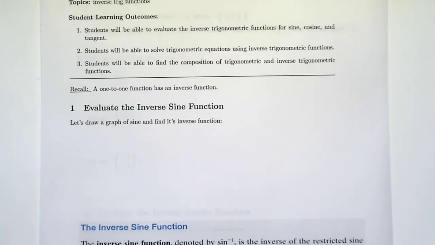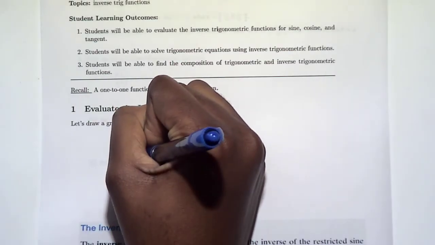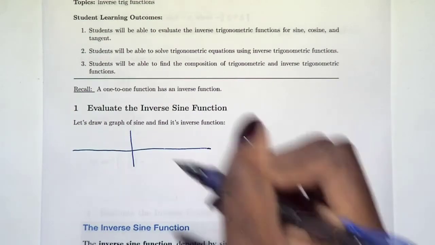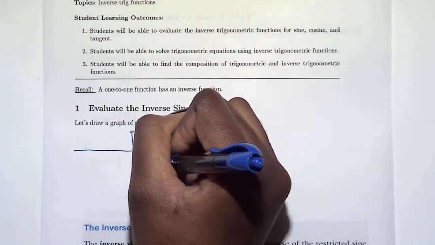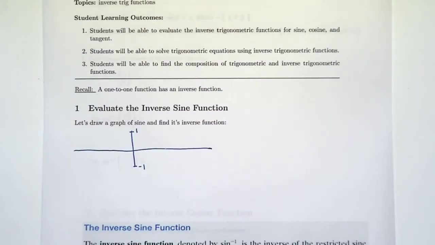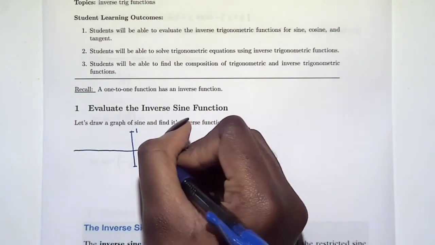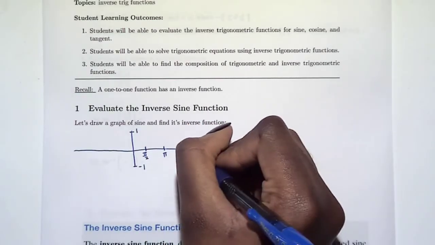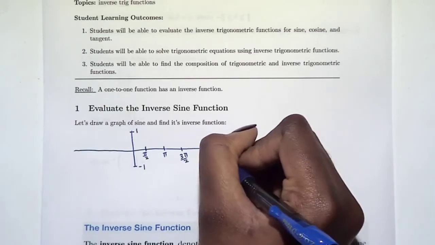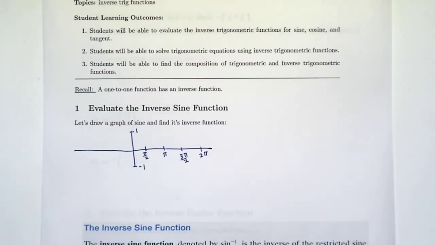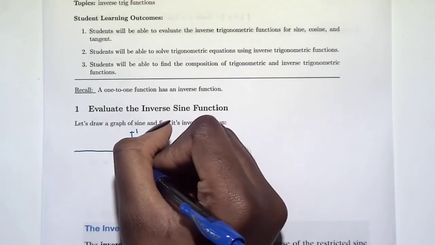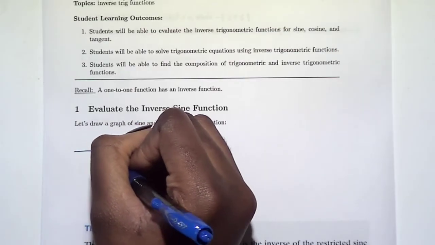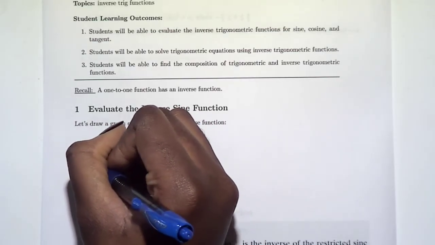We know how to graph this, so I am going to do a little sketch of our sine function. Go up to 1, down to -1. Gonna put the usual x values like pi over 2, pi, 3 pi over 2, 2 pi, and so on. I'll also go to the reverse, or the negative side, and so on.